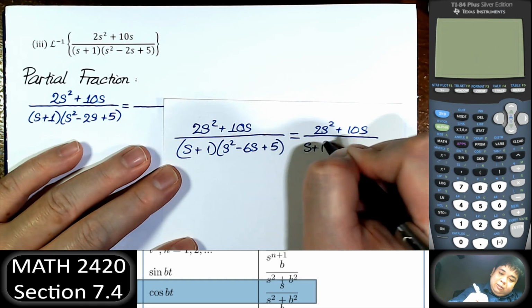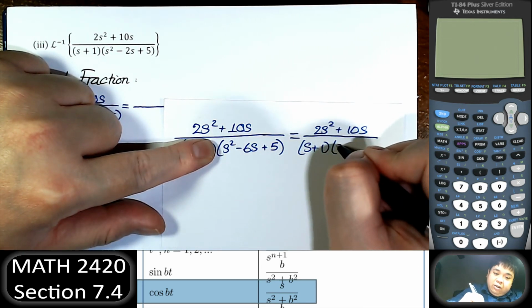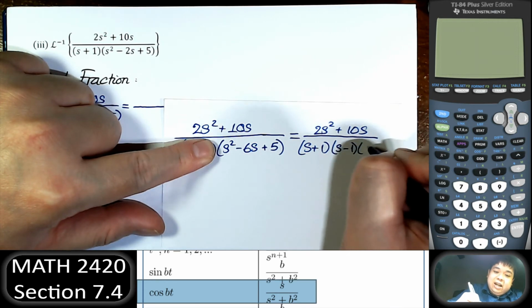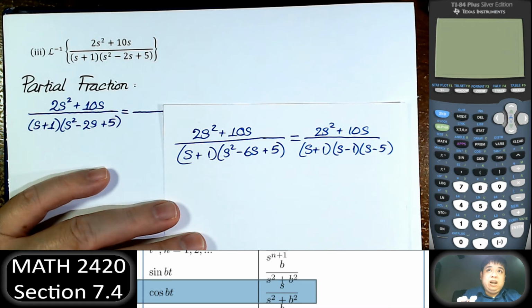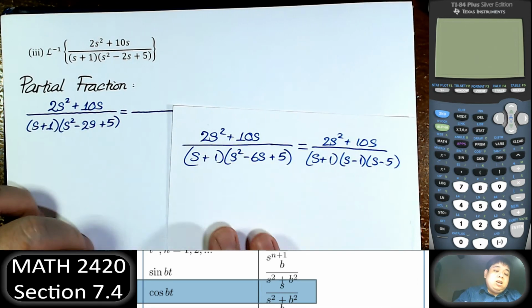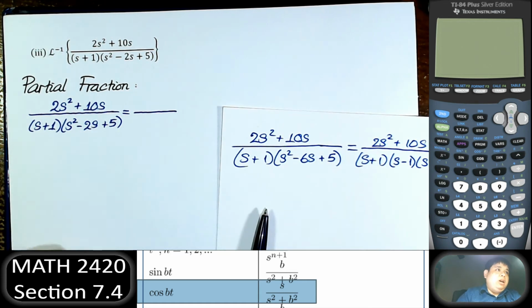So s squared minus 6s plus 5 gives us s minus 1 and s minus 5. So we have to factor first if we can. This problem we cannot factor anymore because that is irreducible. We can check by looking at the graph.